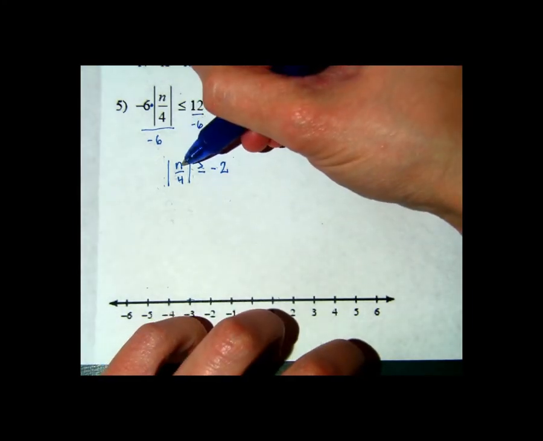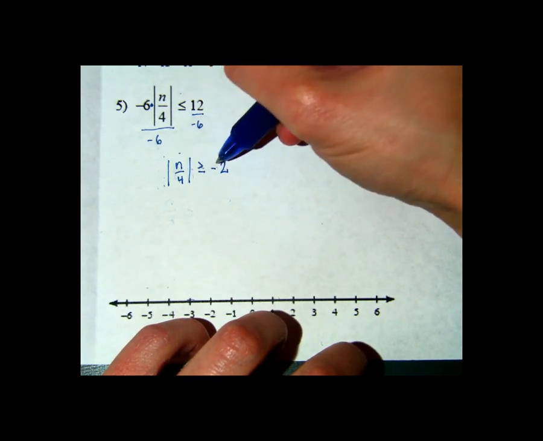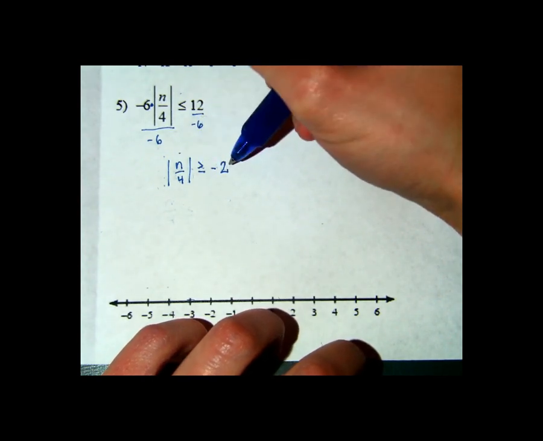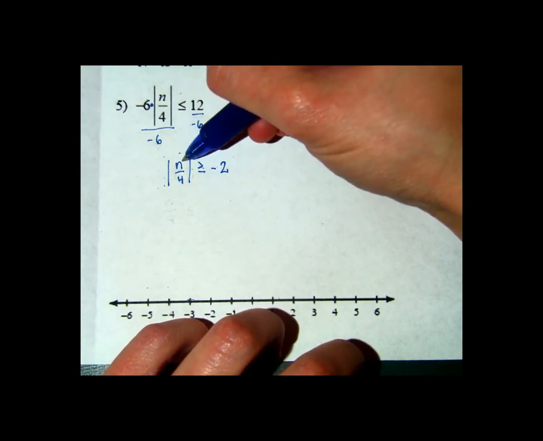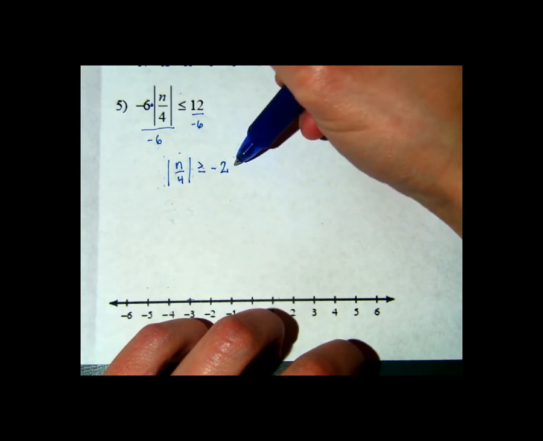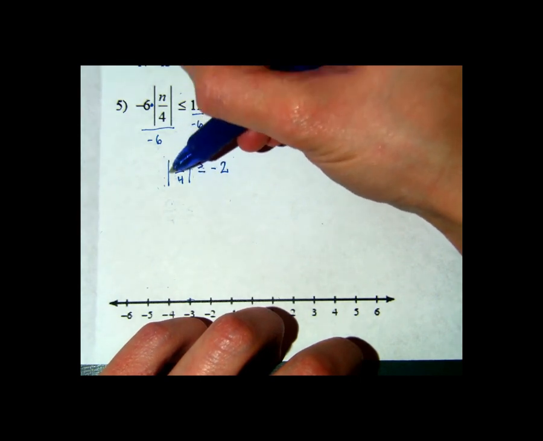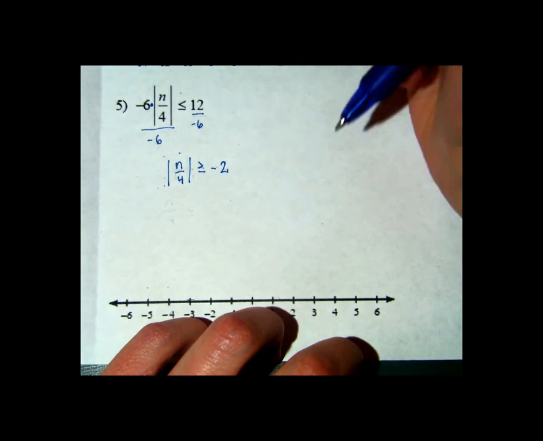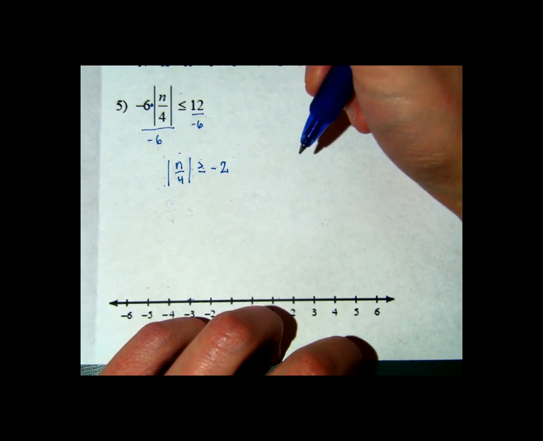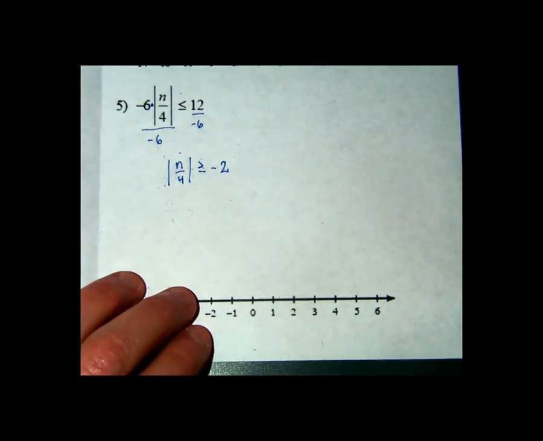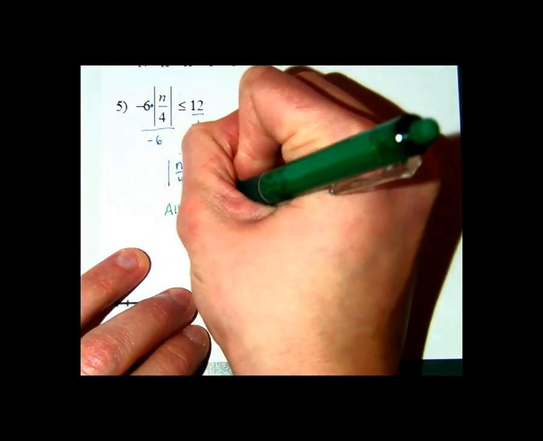If we have the absolute value of a number greater than or equal to negative 2, if we think about that, any number that we plug in here is going to be greater than a negative because it's an absolute value, which means any number we plug in here is going to make this statement true because it is greater than a negative number. All absolute values are greater than a negative number. So my answer for this one is actually all real numbers.